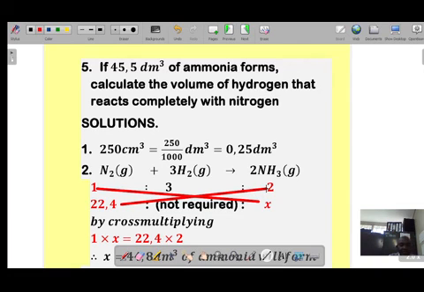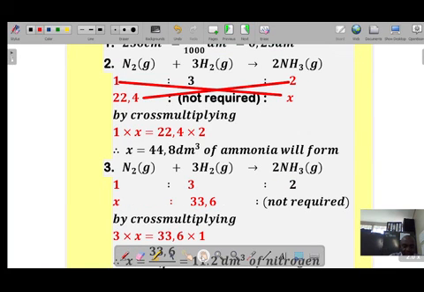What's 1 times x, guys? That's 1x. And then which gives me 44,8 decimeters cubed of ammonia that will form.